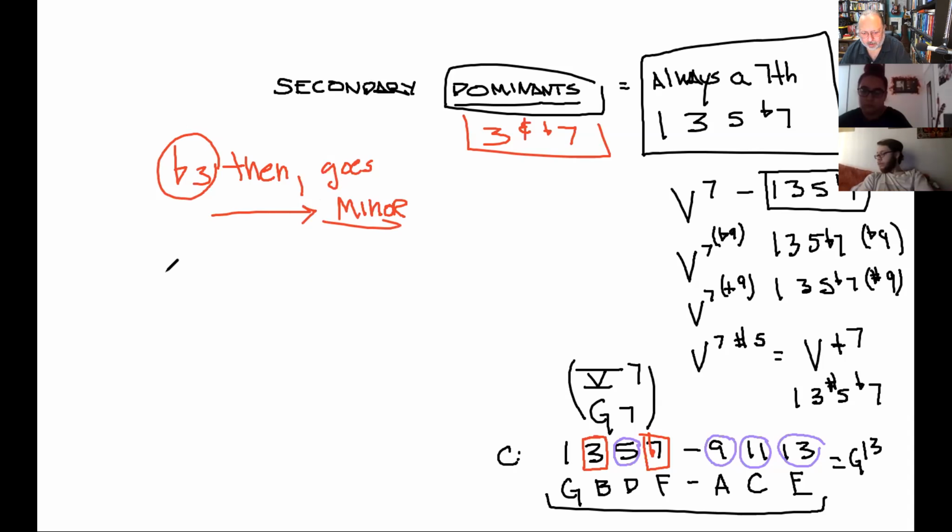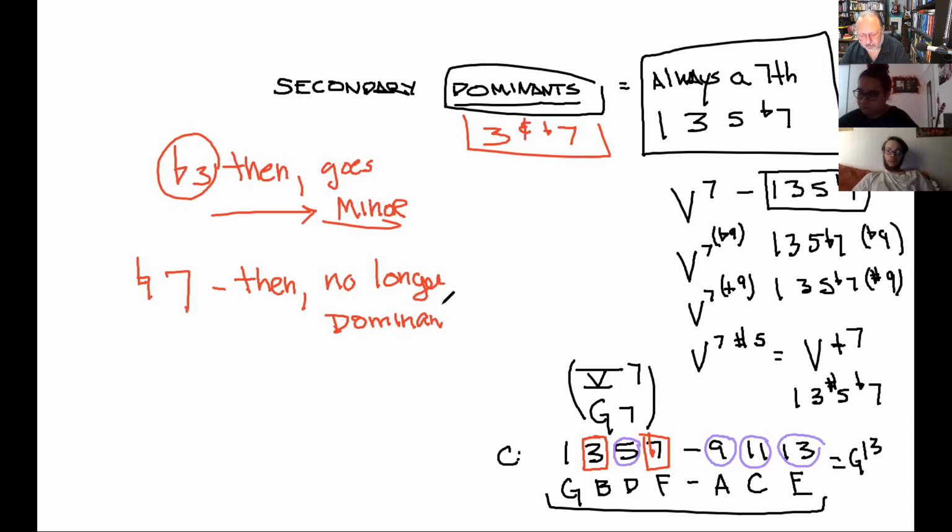If you have a natural 7, then it's no longer a dominant, right? The natural 7, it always indicates a major 7.